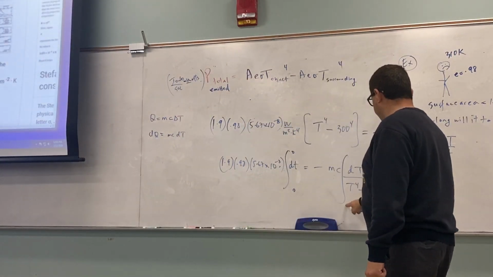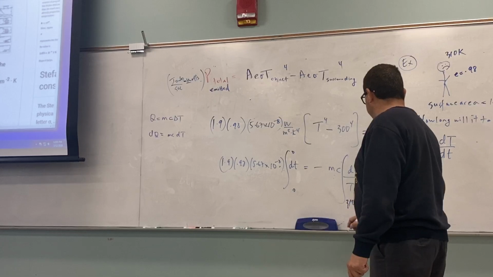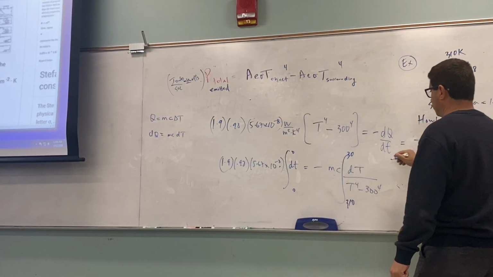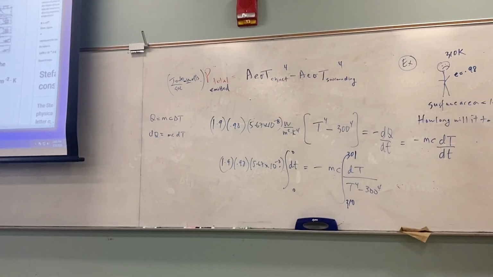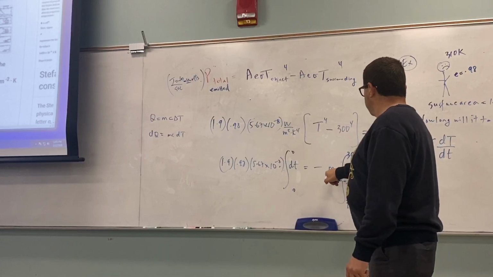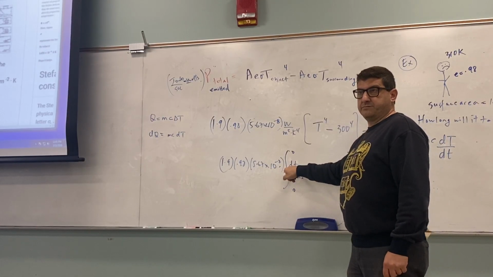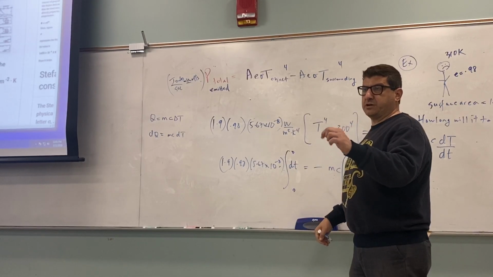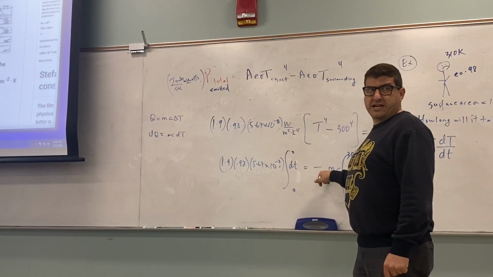So what is your initial temperature? 310 Kelvin, all the way to 301, because you never will reach 300, right? And then, of course, if your mass is larger, it's going to take more time. So for the same surface area, a person that's heavier will take more time to cool down.